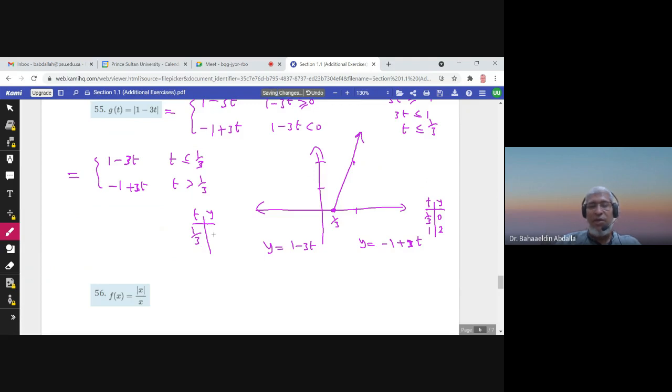And here, if I choose negative 1, or I can choose negative 2 over 3.